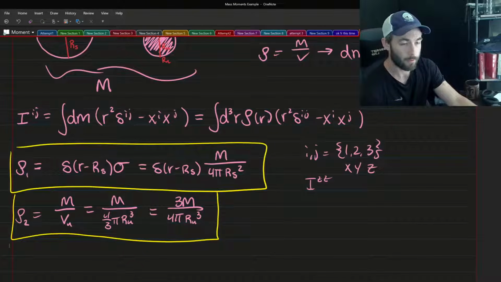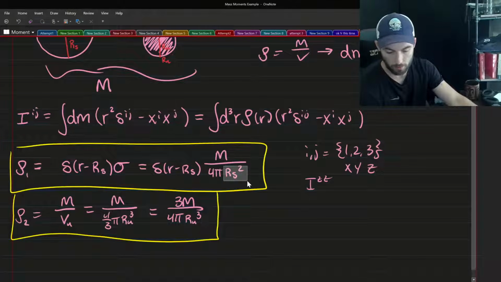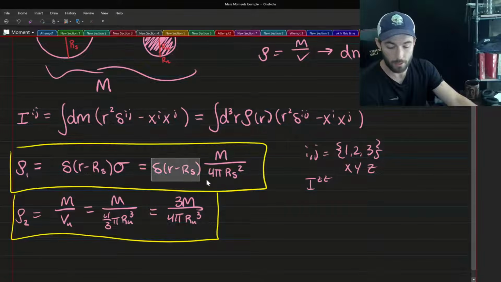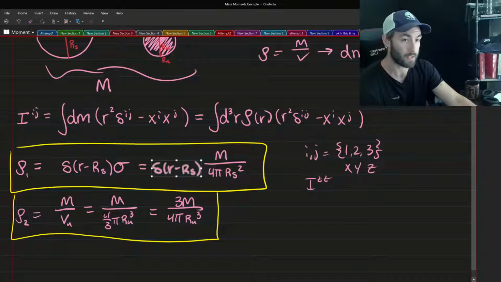Some of you who are unfamiliar with delta functions might be screaming, these don't look like they have the same units, because I have a 1 over r squared here and a 1 over r cubed here. But remember that the delta function has units inverse to the integration measure. So if we're integrating over r, which has units of distance, then delta of r has units of 1 over distance.